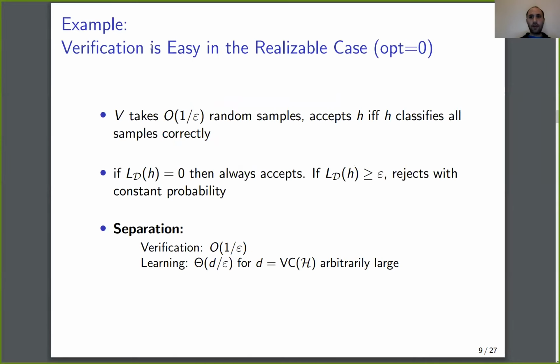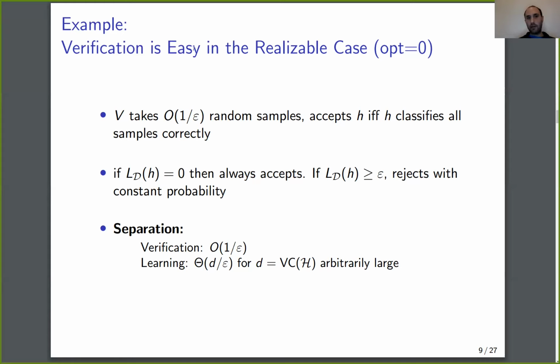And the first thing to observe about our definition of PAC verification is that in the realizable case, when we assume that opt is 0, then verification is easy. So if we are promised that there exists some hypothesis in the class that has 0 loss, then PAC verification is easy.